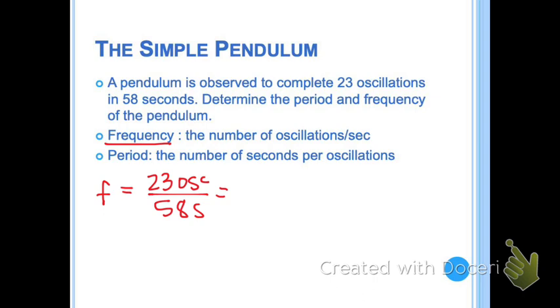I don't like fractions, so I like it in decimal. 23 divided by 58 gives us 0.396. And you can use that unit as oscillations per second, or you could label it as hertz. That's the same thing. Hz is another unit for frequency, and it just means oscillations per second or cycles per second or whatever you want to call that.